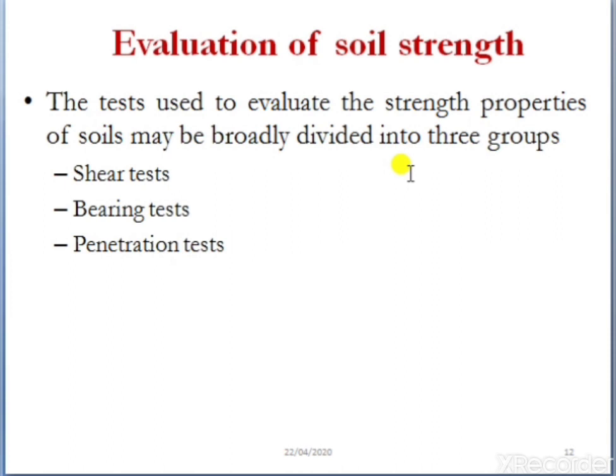There are many tests to evaluate the strength of soil, but the three main tests used in determining the strength of soil used in the construction of the subgrade course are the shear test, bearing test and penetration test.